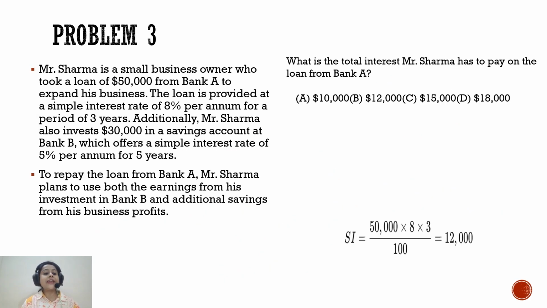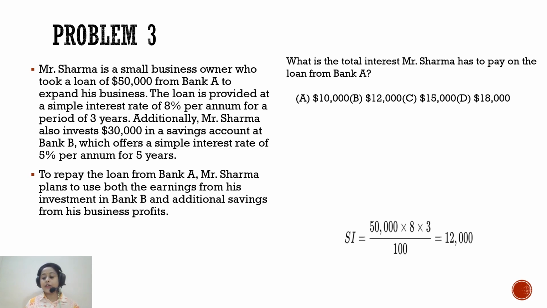The problem says that Mr. Sharma is a small business owner who takes a loan of 50,000 from bank A to expand his business. So 50,000 is the loan amount, which means that we can call it the principal amount, right?